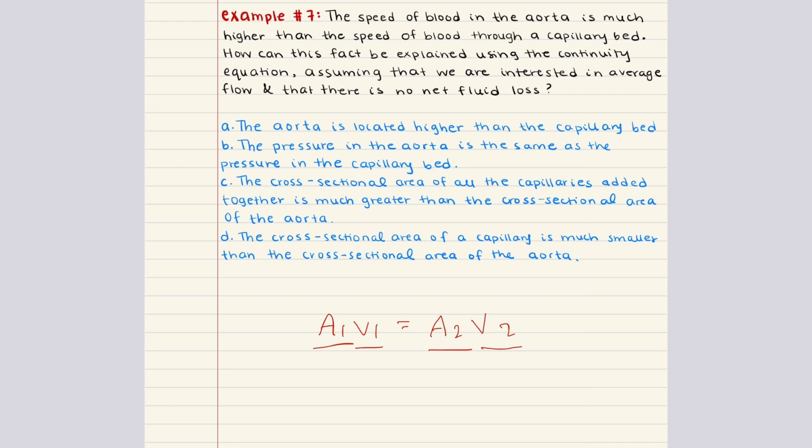And this idea best aligns with answer choice C, which says that the cross-sectional area of all the capillaries added together is much greater than the cross-sectional area of the aorta. Again, the correct answer for 7 is C.